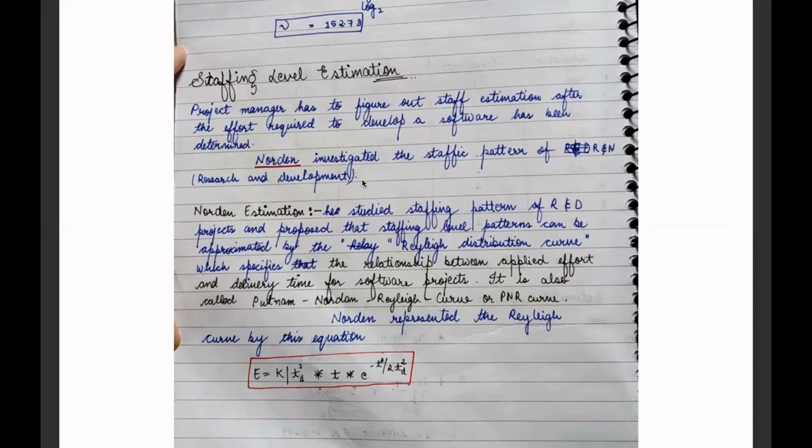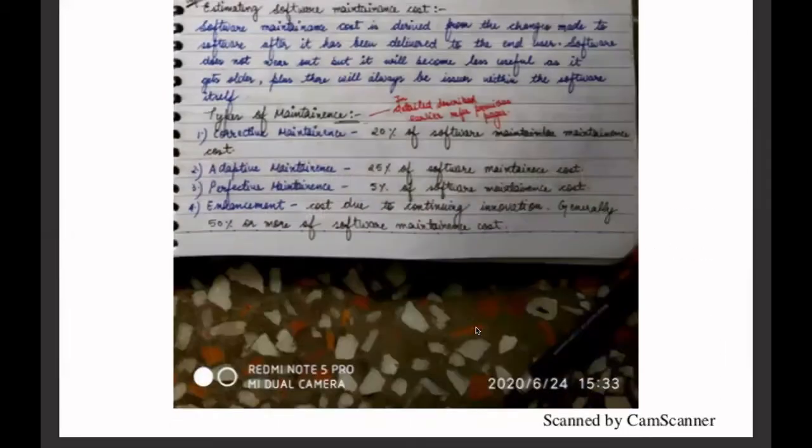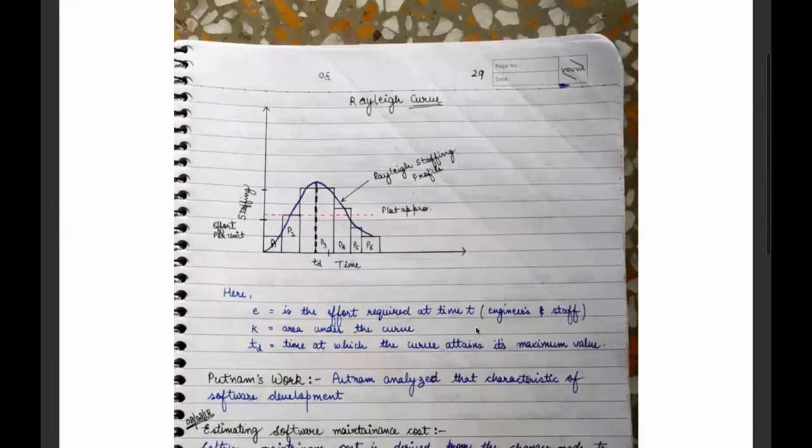It is also called the PNR curve, and it is represented by the following equation. And the Rayleigh curve is here, as we described earlier, with small e, K, and t_d. Small e is the effort required at time t. K equals the area under the curve.